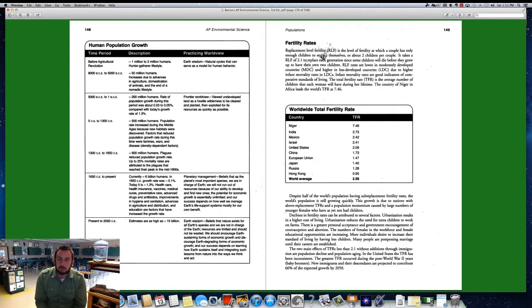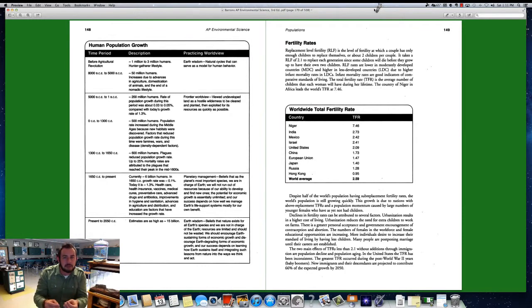Let's take a look at fertility rates. One type of fertility rate is RLF, which stands for replacement level fertility, in which a couple only has enough children to replace them. So it's usually about two. One child to replace me when I die, and one child for my spouse when she dies. It takes basically a replacement level fertility of 2.1 to replace each generation, since some children will die before they grow.